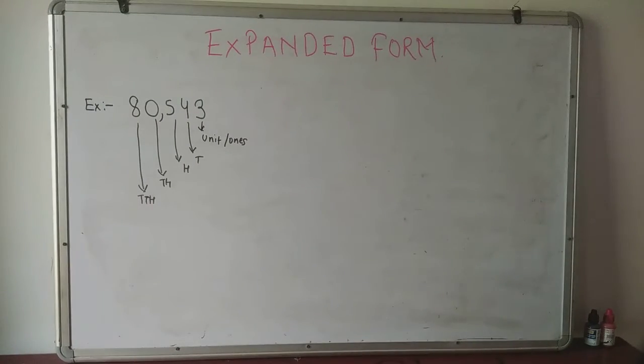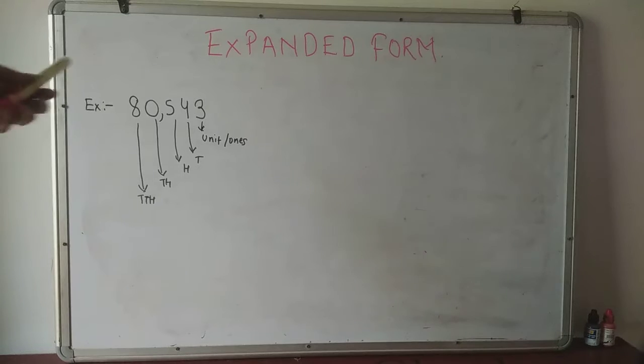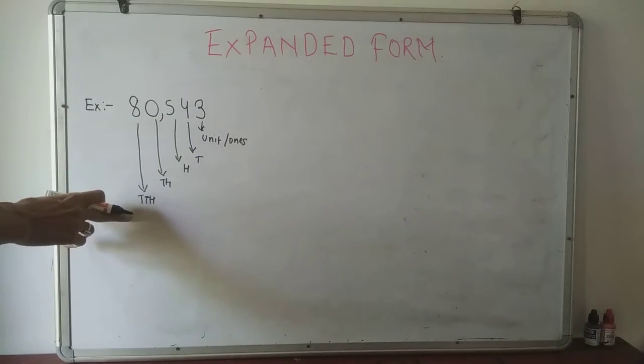Okay, here is some problem there. First, after mentioning the digit with its place value, we have to solve the question. As we know, 8 is in which place? 10,000 place.